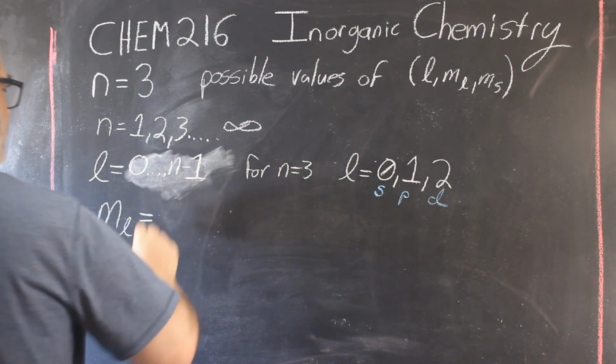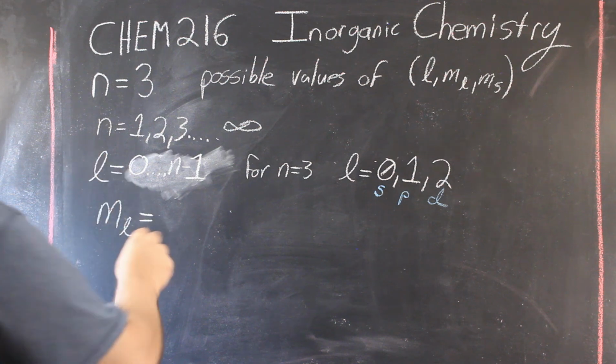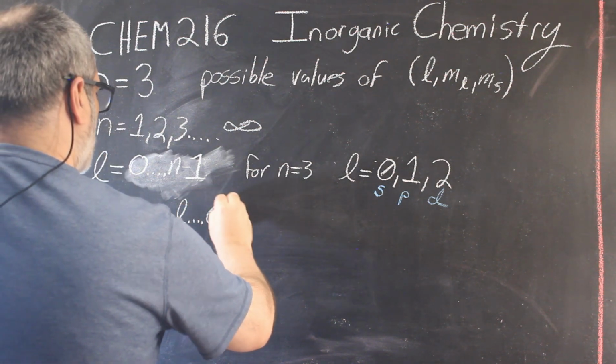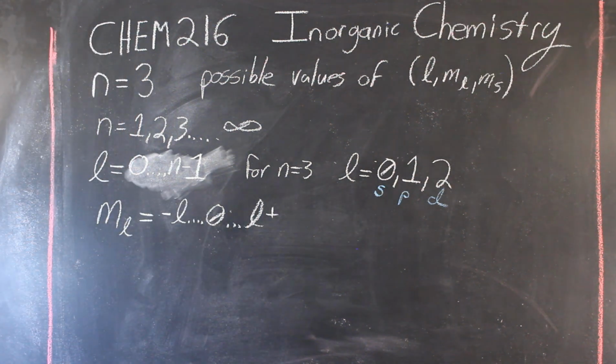m sub l is the magnetic quantum number. So m sub l is negative l through 0 to positive l.